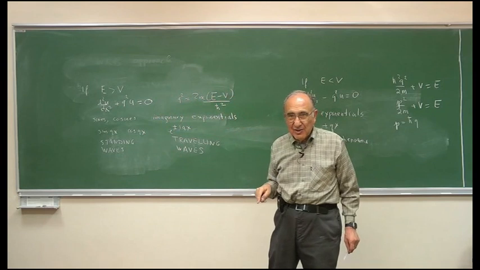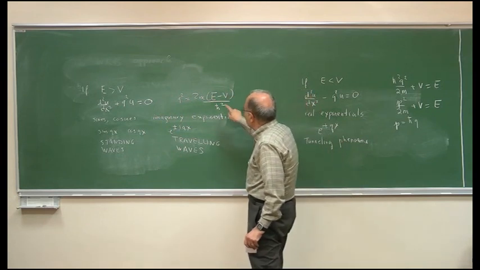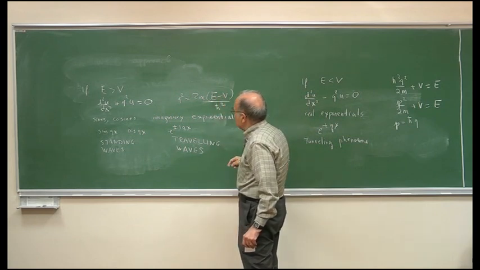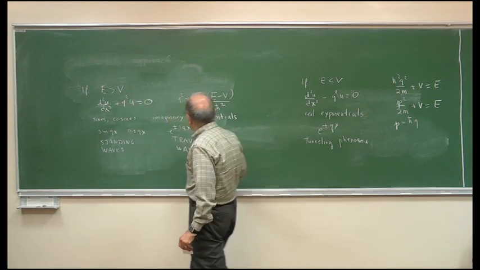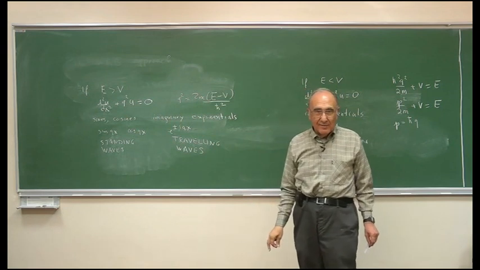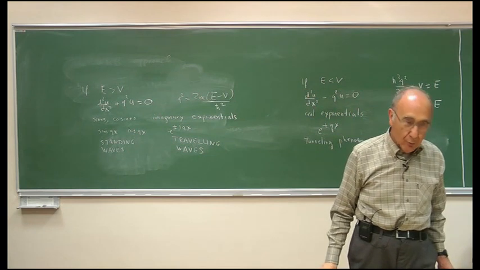And secondly, what happens when all of a sudden the quantity E minus V changes sign so that we go from one of these regimes to the other regime? Now, at this point, we'll tackle those two issues one by one.